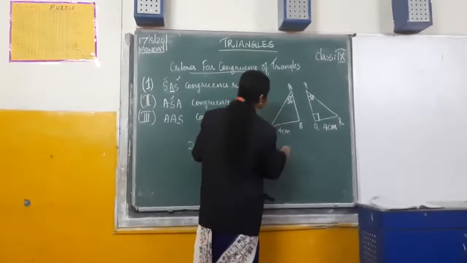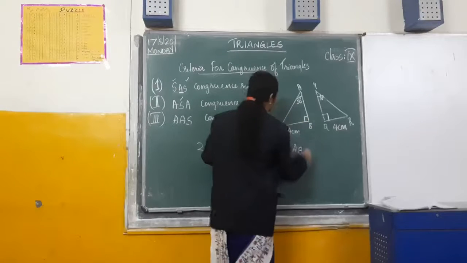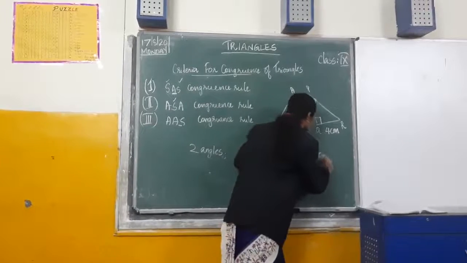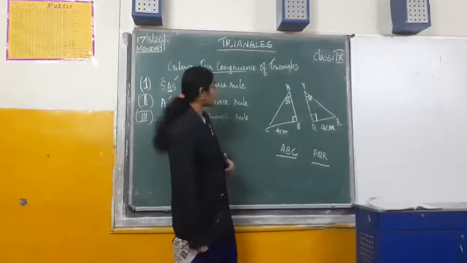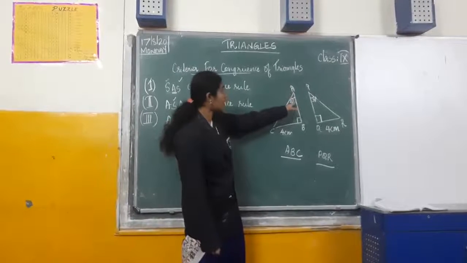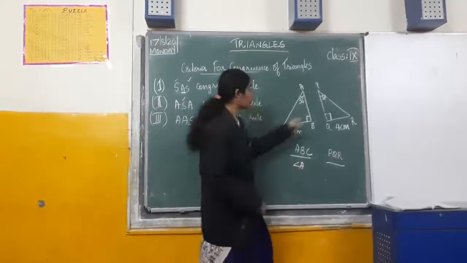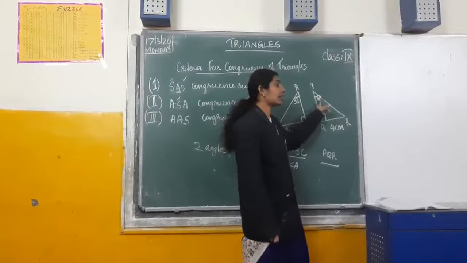Triangle name, we can name it as triangle ABC, and here triangle PQR. See, in the given two triangles, one angle is 30 degrees. See, in the first triangle angle A is 30 degrees. Here also you can check. For triangle PQR also one angle is 30 degrees. Which is that angle?